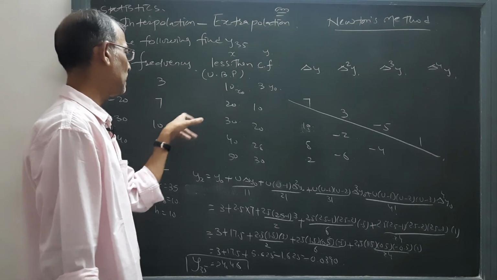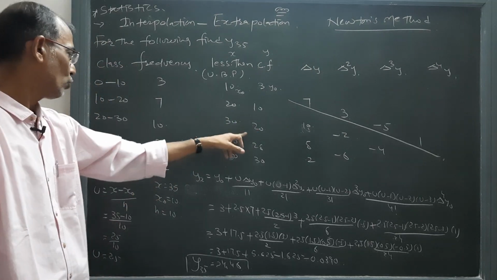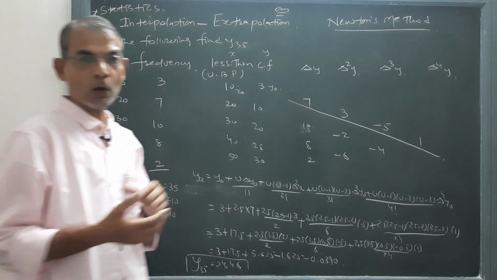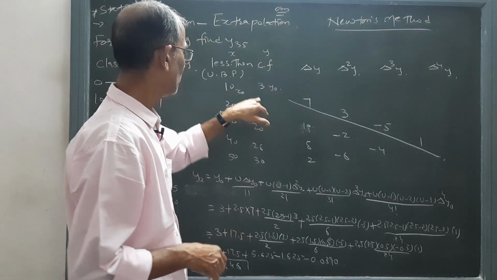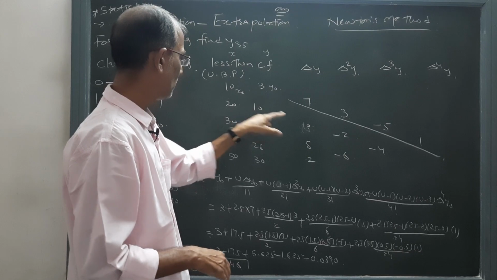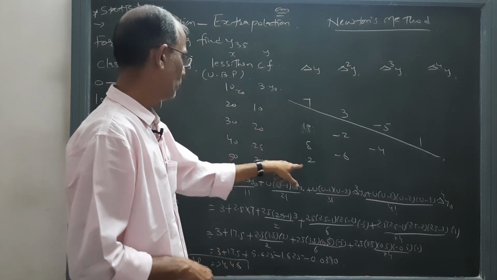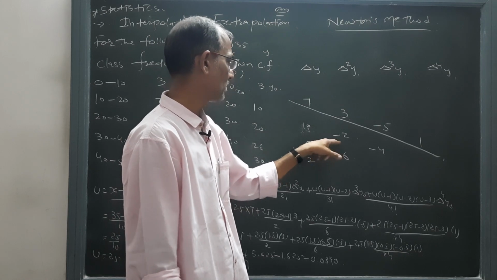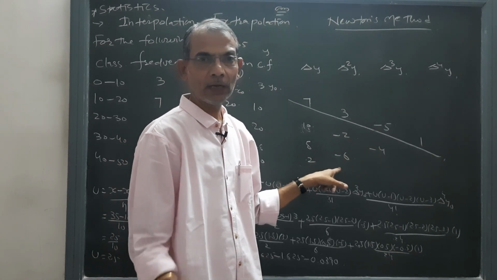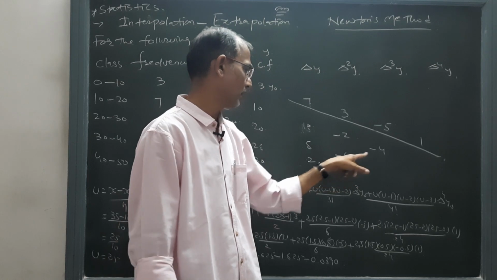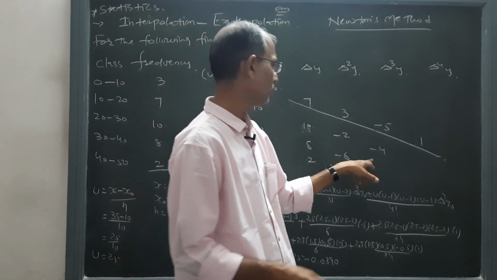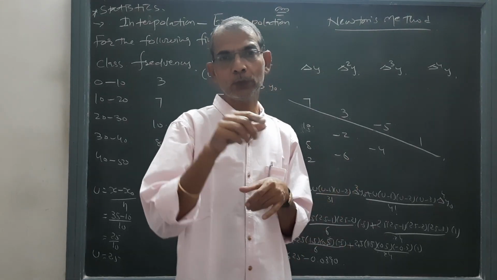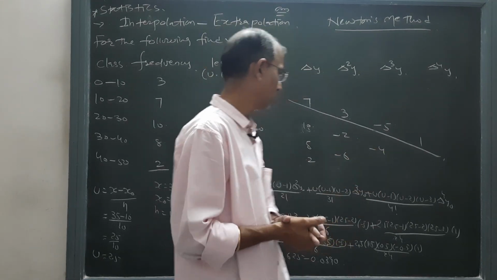So 3 plus 7 is 10, 10 plus 10 is 20, 20 plus 8 is 28, plus 2 is 30. Now we have to find the differences: 10 minus 3 is 7, then 10, 8, 2, then 3, minus 2, minus 6, then minus 5, minus 4, and minus 4 minus minus 5 becomes 1.